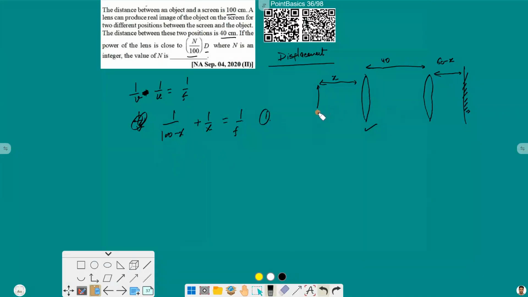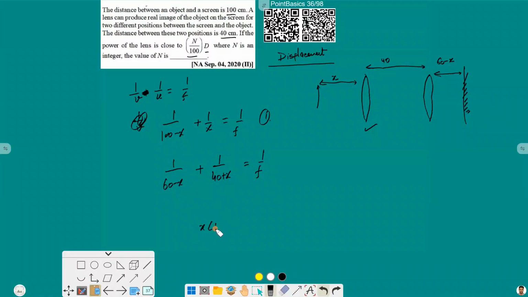For the second lens, u will be 40 plus x and v will be 60 minus x. So 1 by 60 minus x plus 1 by 40 plus x is equal to 1 by f. Now both of these sides are equal, so let's take LCM of this one.